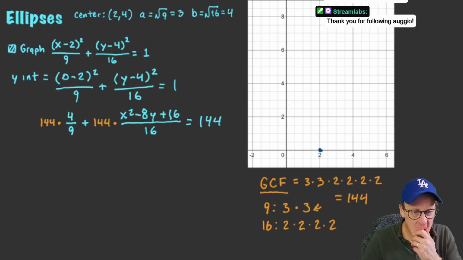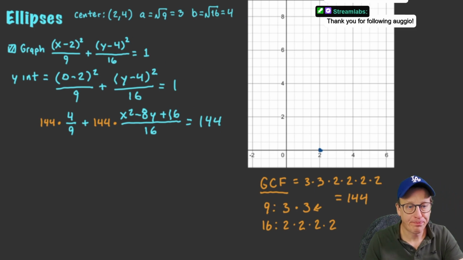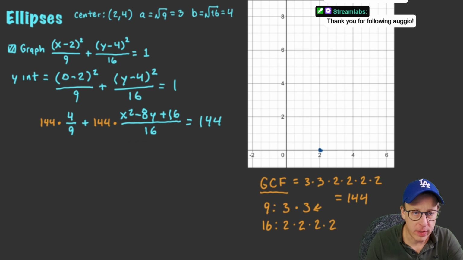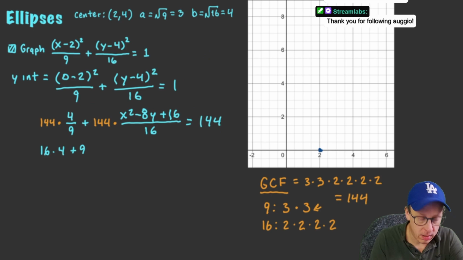Okay, so what we're going to do is simplify everything here again. Let me just move this out of the way. This is going to be equal to 16 times 4 plus 9 times (y squared minus 8y plus 16).